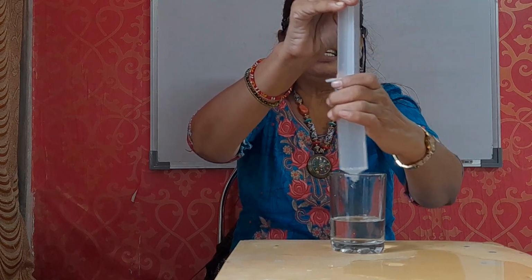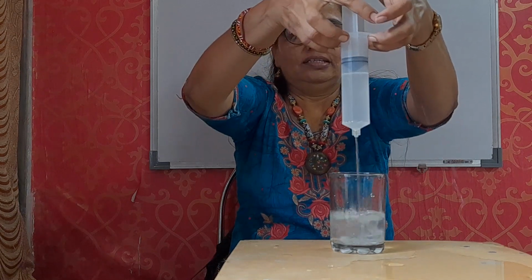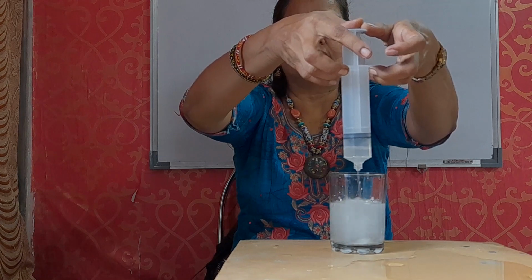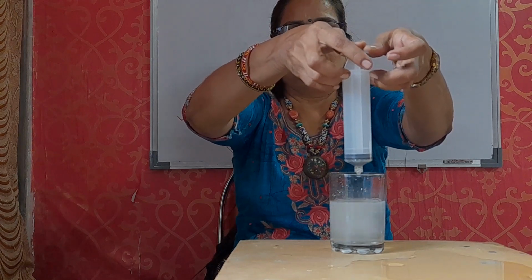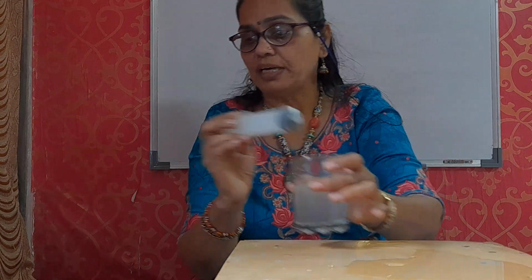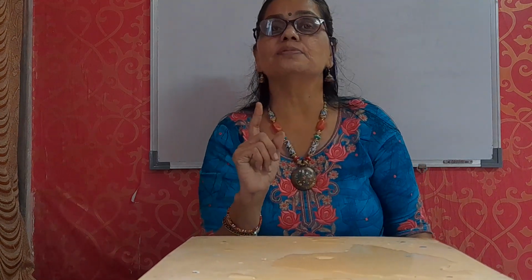You can see, this is nothing but air exerts pressure, right? This is the third property, because the first property I have shown you is air occupies space. Along with that only I have shown you with the balloon that air takes the shape of the object. Third property is air exerts pressure.